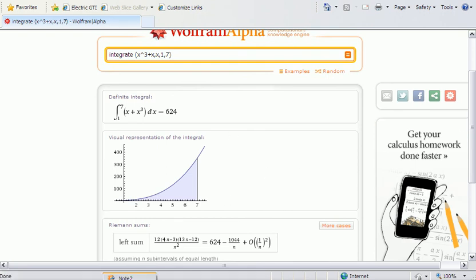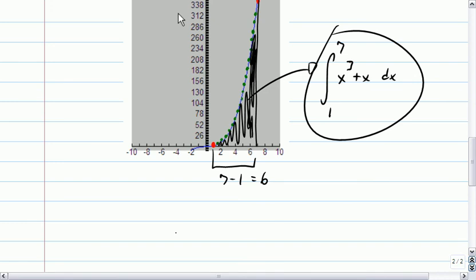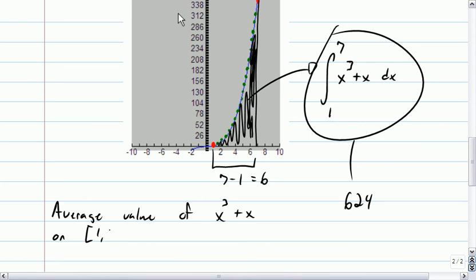That's our area, 624. So that guy is 624. So average value of x cubed plus x on 1 to 7 equals 624 divided by 6. Okay, and 624 over 6 is 104. That's the average y value.